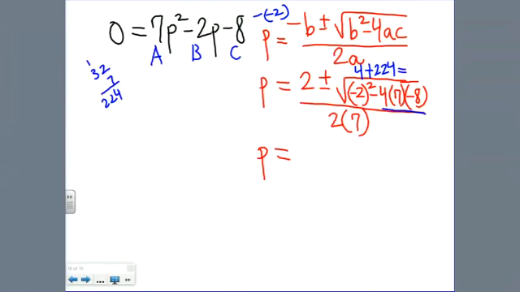So underneath the radical is a positive discriminant, 228. What that positive discriminant indicates is we should get 2 real answers.